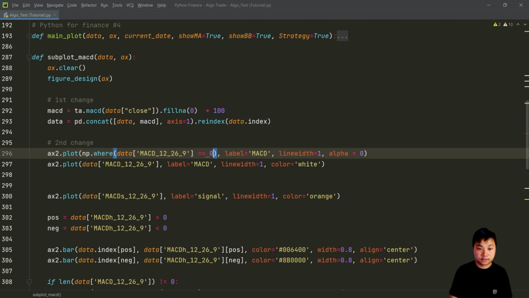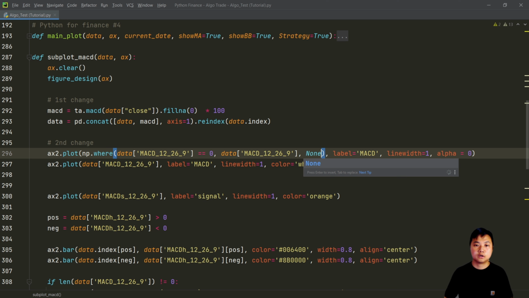If that is equal to 0, I will just keep these values, and if not, just keep it as None.